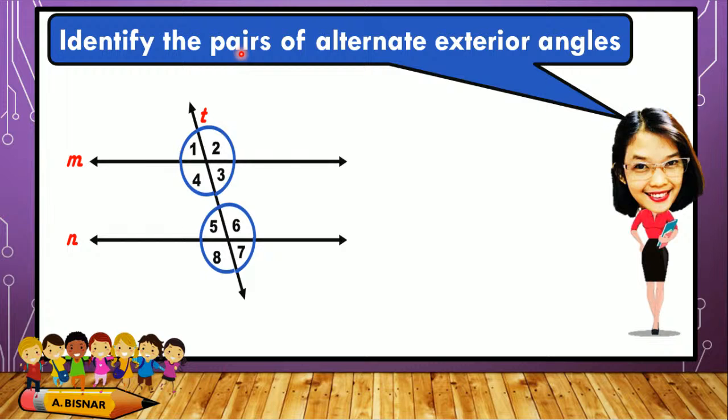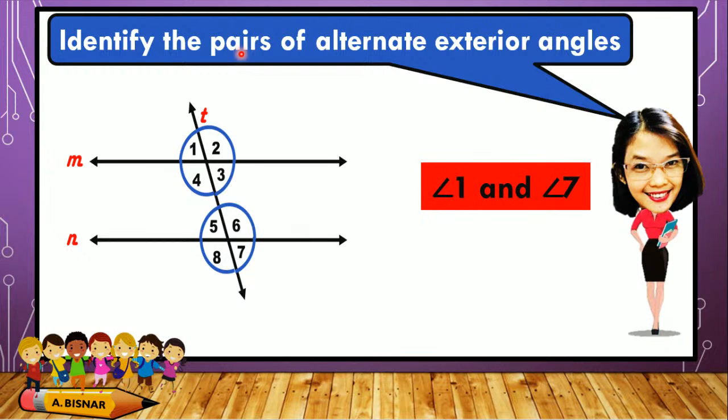Doon na tayo sa exterior. So, again, hindi pwedeng mabaliktad yung pair. Kasi nga, pair sila. So, we have 1 and 7, 2 and 8.